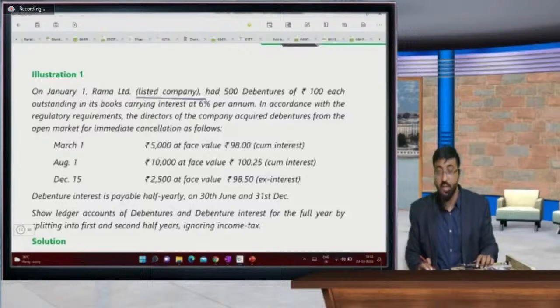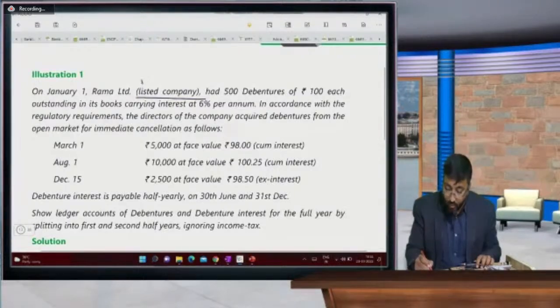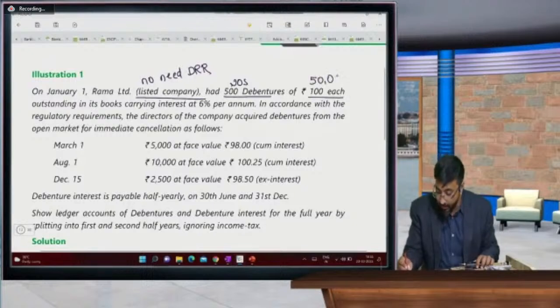On January 1, Rama Limited, a listed company, no need of DRR. 500 debentures, so it's numbers, 100 each outstanding, so beta, this is 50,000.